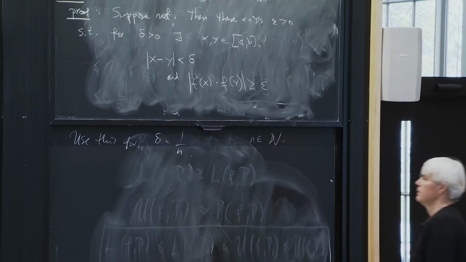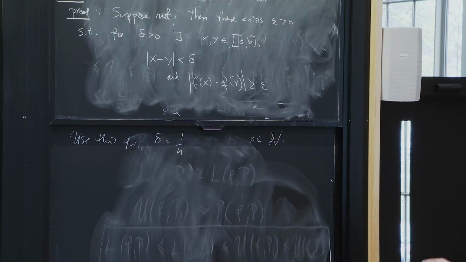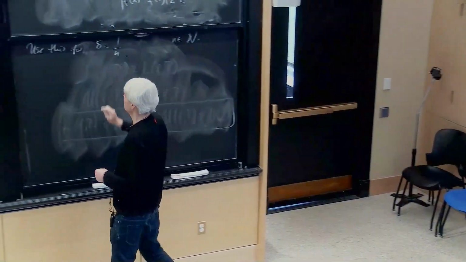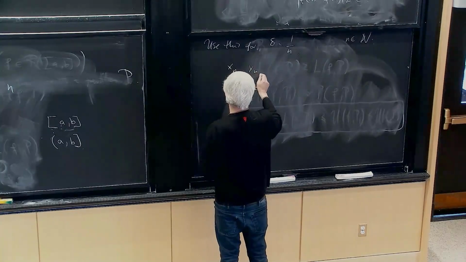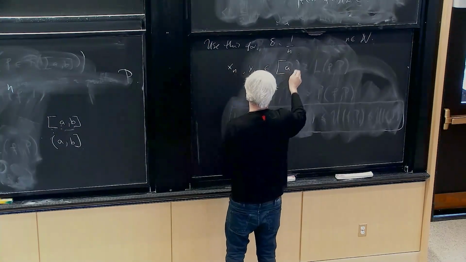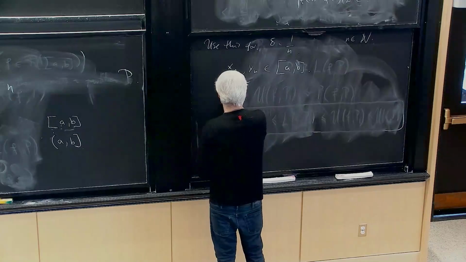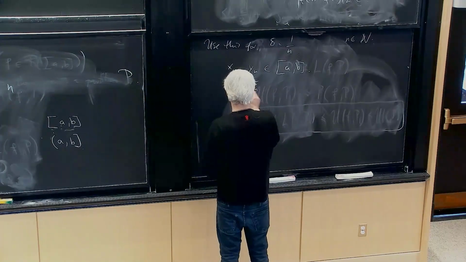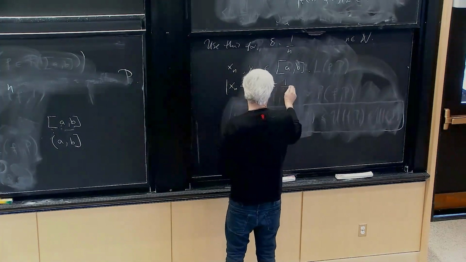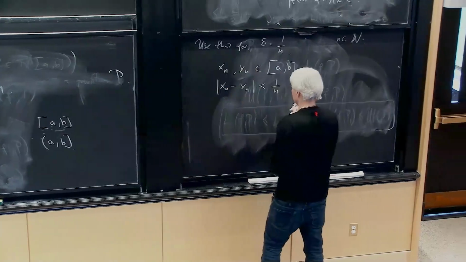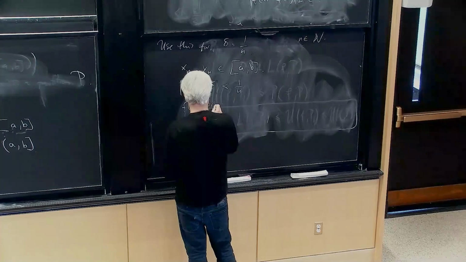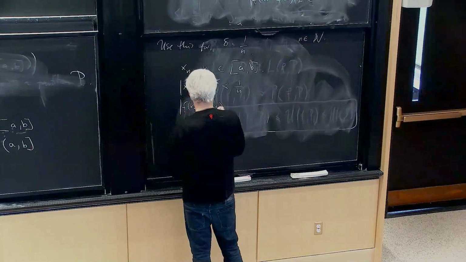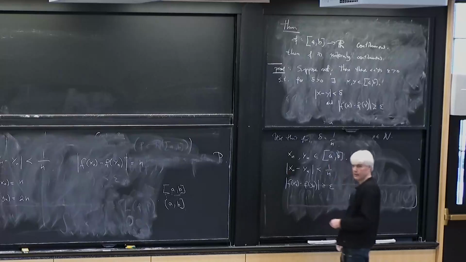So for each n you have xn and yn. They are both in the interval from a to b. You have that |xn minus yn| is less than 1 over n, and you have that the images |f(xn) minus f(yn)| are bigger or equal to epsilon. Epsilon was strictly positive.